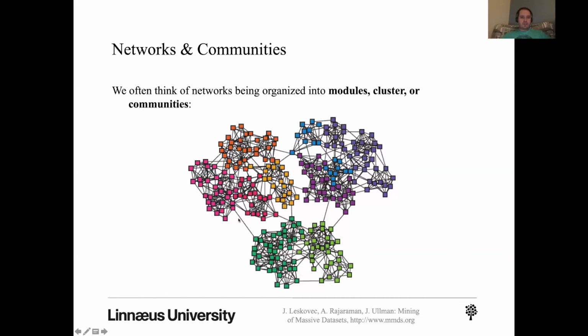So we want to find these modules or communities where the people inside a community are very tight. They're very close to each other. There's a lot of connections between these people. And at the same time, they're not so well connected to the outside. Of course, they don't have to be completely isolated, because that would be an extreme. The extreme of a cluster or a community would be that it's completely isolated from the rest of the graph.